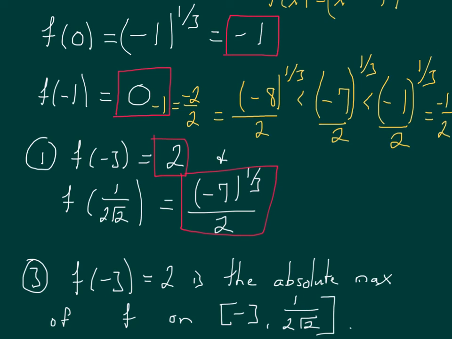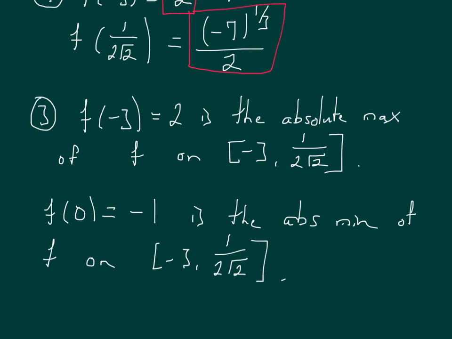The largest of all the numbers is the absolute maximum of your function on the closed interval, and the smallest of the numbers is the absolute minimum. In this case, our absolute max occurred at the left endpoint, minus 3, and the absolute min occurred at a critical number in the interval, at 0. Okay, that is all.